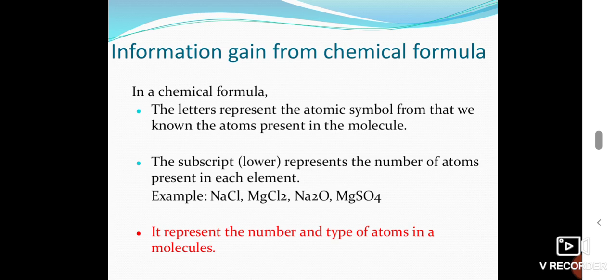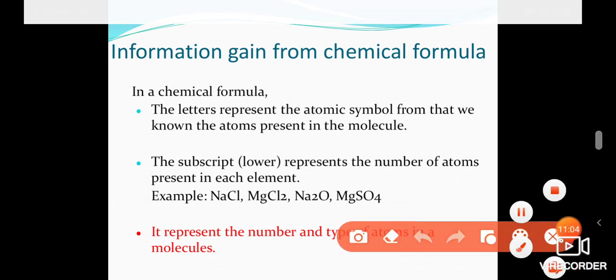And after some atoms, you may see a subscript, isn't it? What does that subscript represent? That subscript represents the number of atoms of that element.